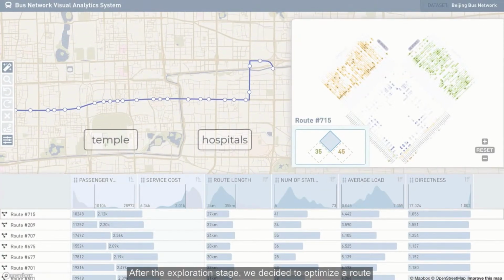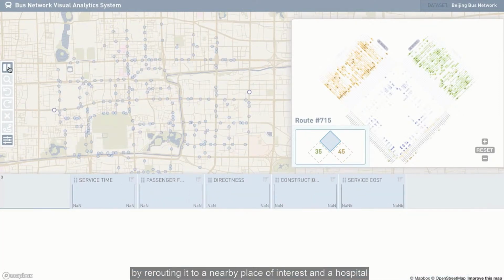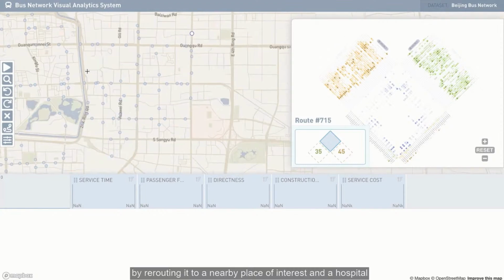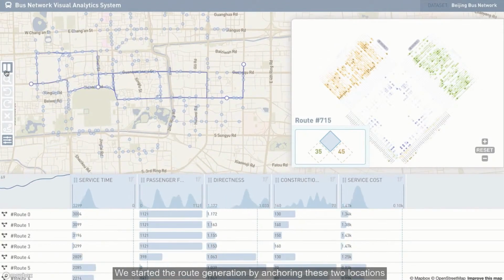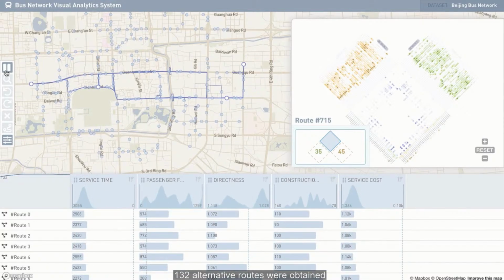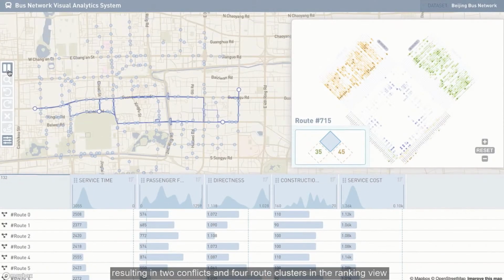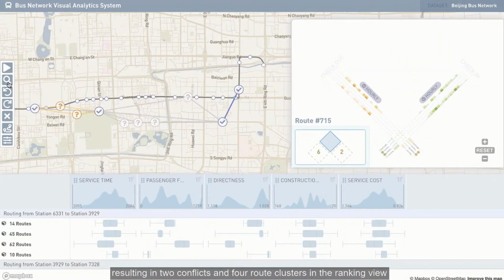After the exploration stage, we decided to optimize the route by rerouting it to a nearby place of interest and a hospital. We started the route generation by anchoring these two locations. 132 alternative routes were obtained, resulting in 2 conflicts and 4 route clusters in a ranking view.